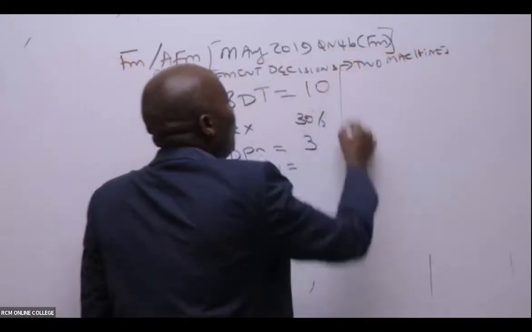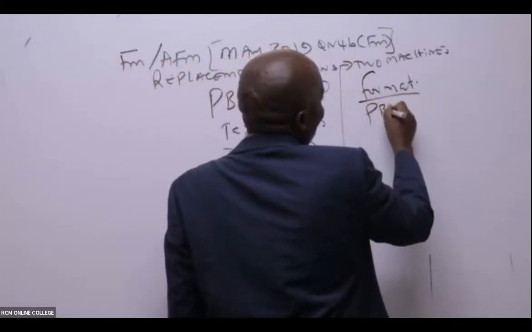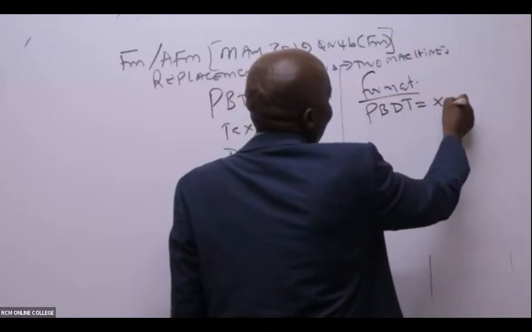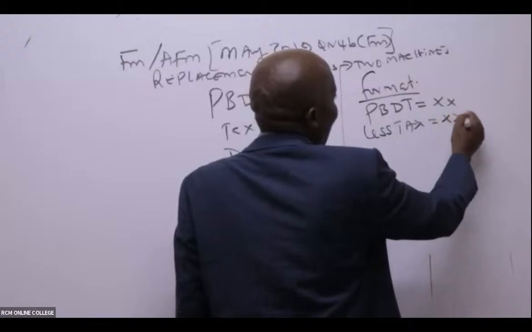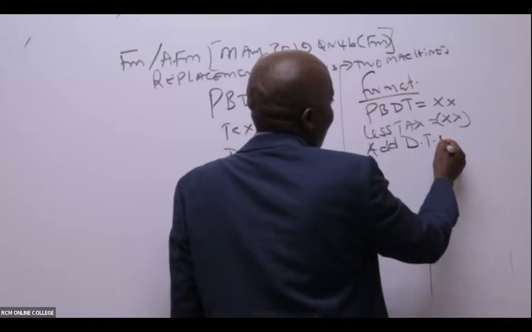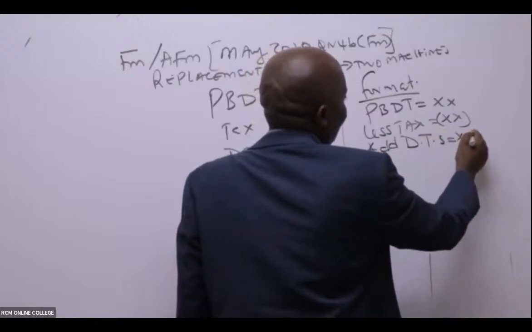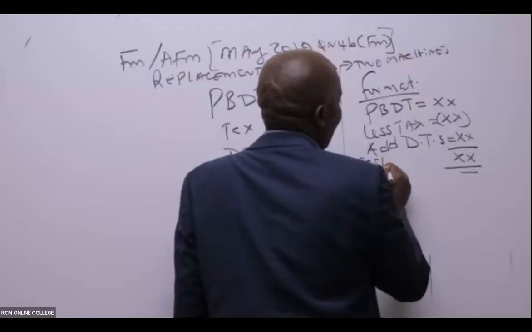Our format, if you're able to remember our pro forma, we normally take profit before depreciation and tax. We less taxation, and then we add what we call depreciation tax shield to be able to get our cash flow directly.